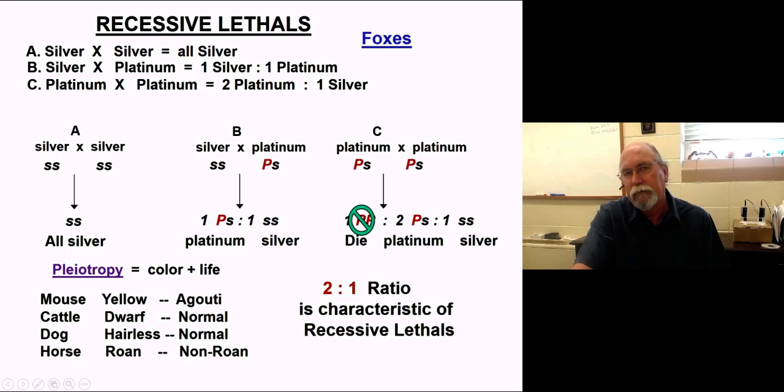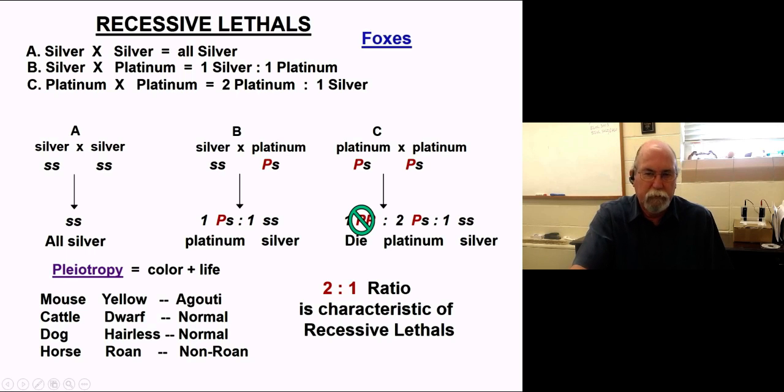In cattle, there's something known as dwarf, and dwarf is a recessive lethal, and there's only heterozygotes there. Hairless, like chihuahuas and things, many of those forms are really a recessive lethal, so all the hairless individuals are heterozygotes, and if you cross two of the hairless, you often end up with a lot of stillborns and other things in the litter. That's because part of them are these homozygous recessives that you're producing.